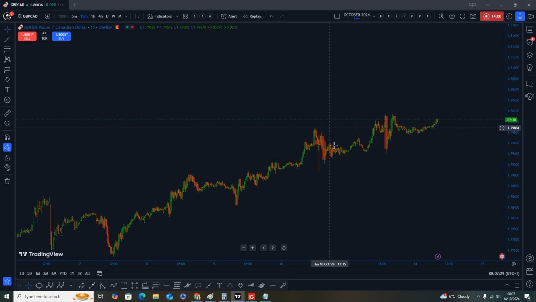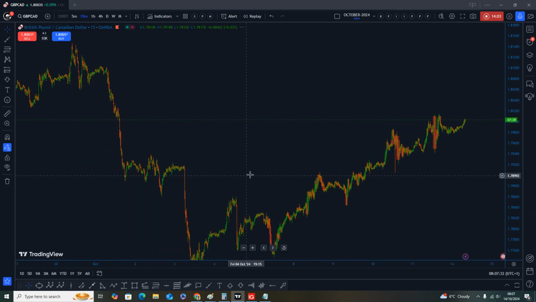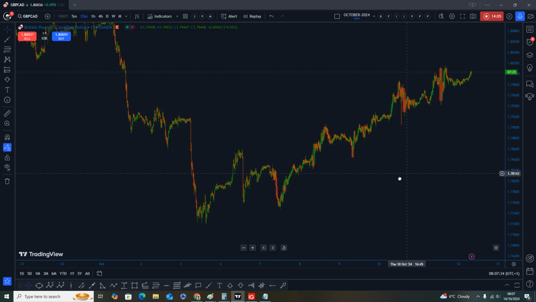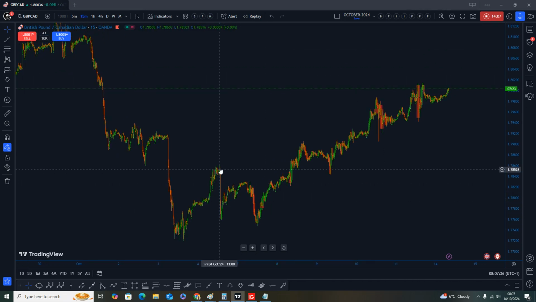People that have been watching our videos, you should have an idea of what we do when we say we're counting the waves. So this here is a failure structure 1, 3, 5. So we've seen a high.